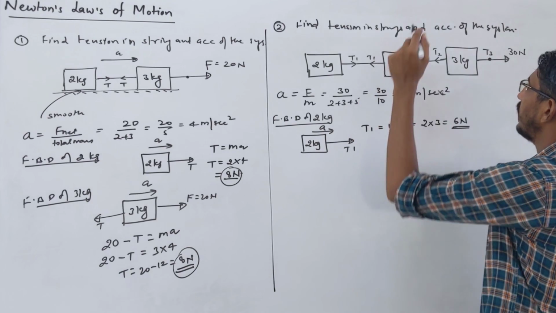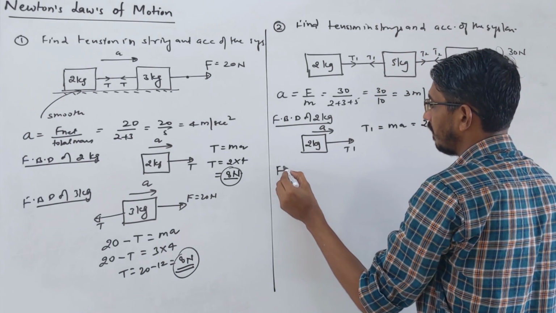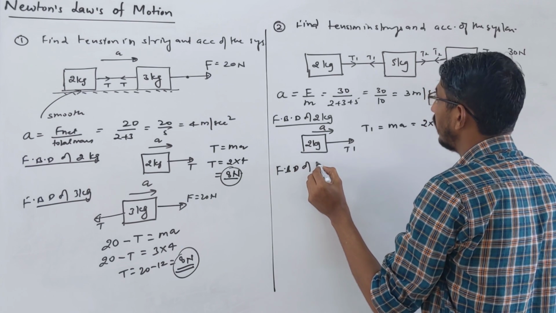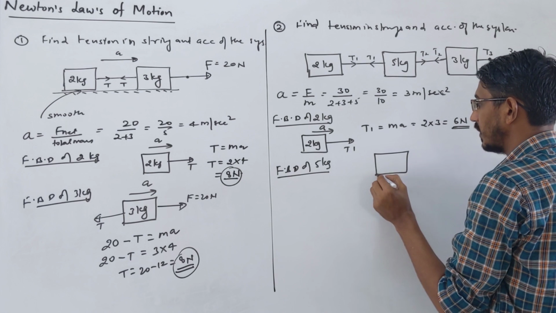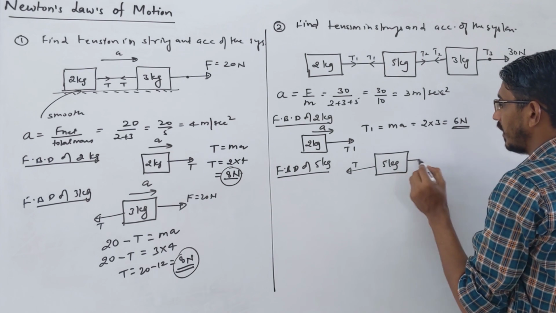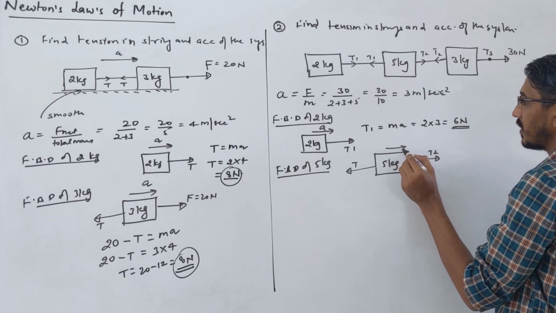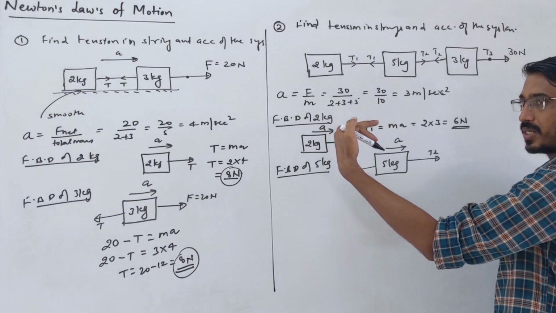If you want to find T2, let's take the FBD of the 5 kg body. How does it look? This is your 5 kg body. What forces are acting? In this direction tension T1, here is tension T2, and acceleration in this direction. Which force is bigger? Always the force in the direction we are moving.